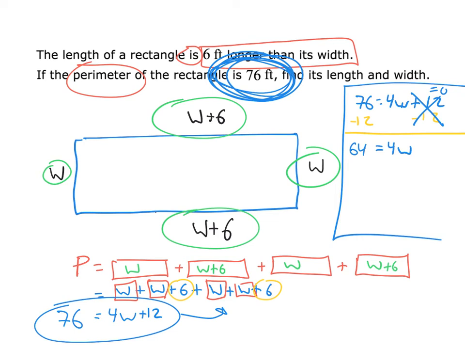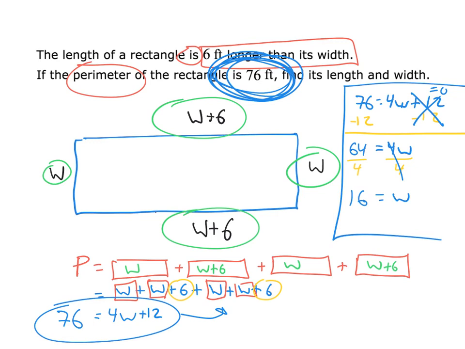You might already know the answer, but if you're not quite sure, I can use division, divide both sides by 4 to get my final answer. This is 1. 1W is just W. 64 divided by 4, well, that's 16. And my width is 16. So going back up here, I can find my width.